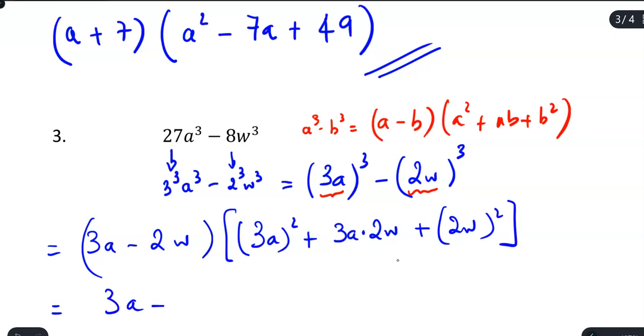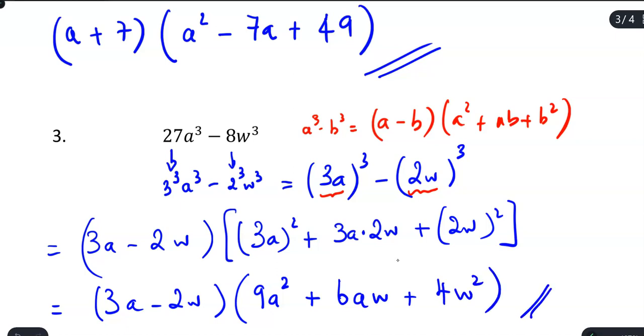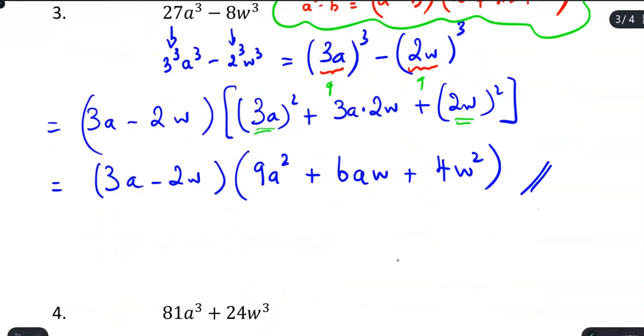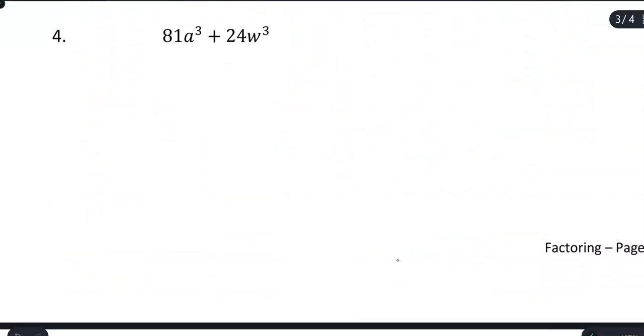Okay, my final answer should be 3a minus 2w, 3 squared is 9, a squared plus 6aw plus 4w squared as the final answer. So don't forget to be mindful of the terms 3a and 2w, and you have to raise both of these to the square. Okay, now number 4.